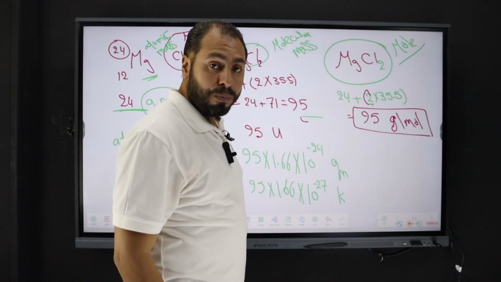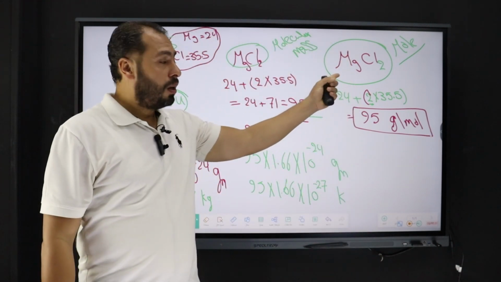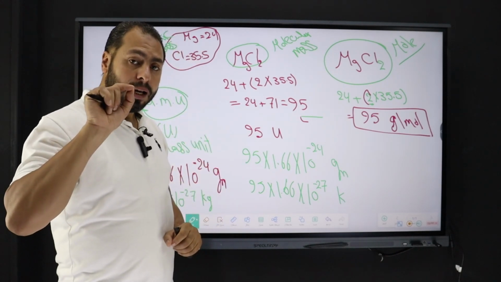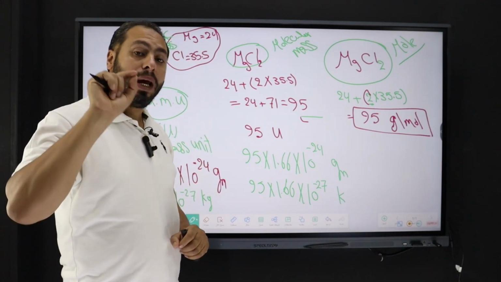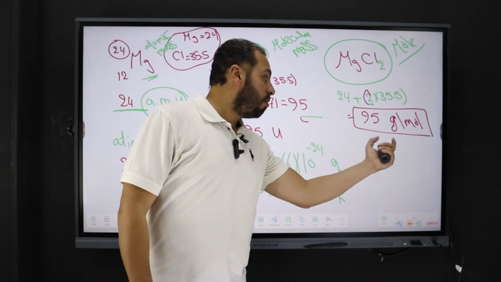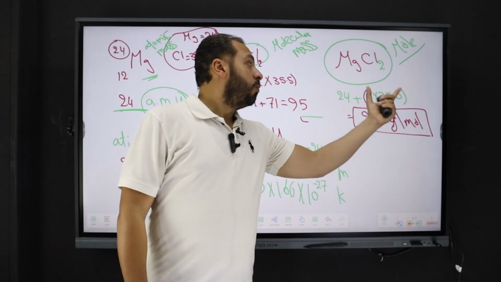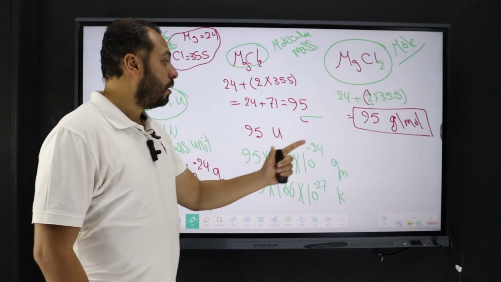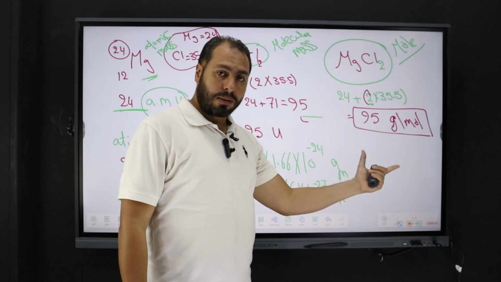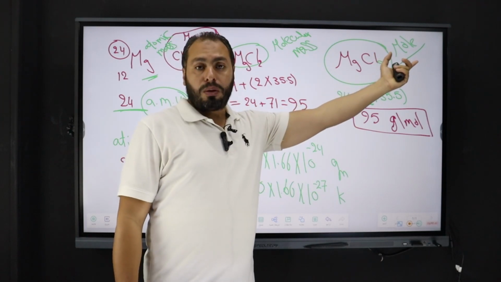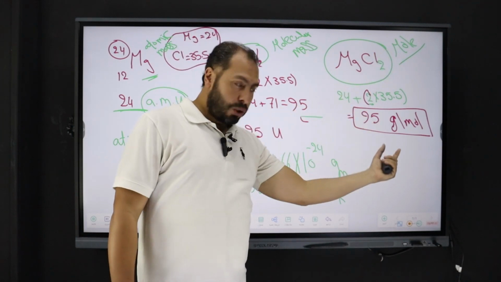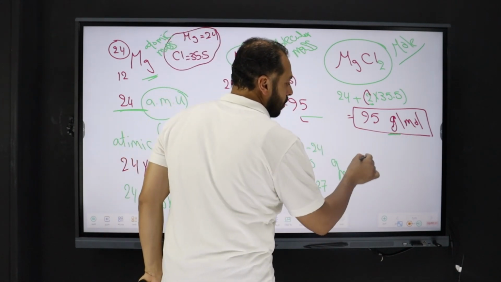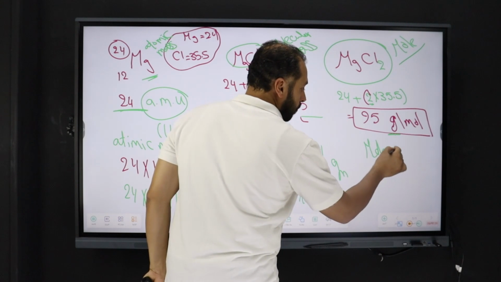So if I said to you, I want to get 1 mole of magnesium chloride, you will estimate 95 gram for each 1 mole of this substance. Is it clear for you? So we can express the amount of 1 mole of any substance in grams, and this amount is called molar mass.